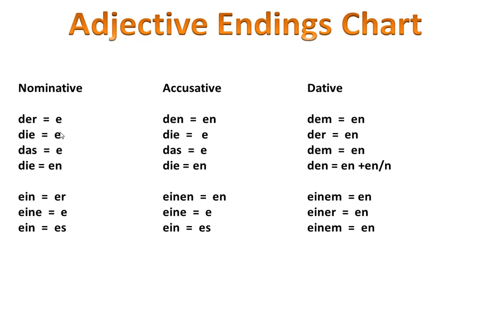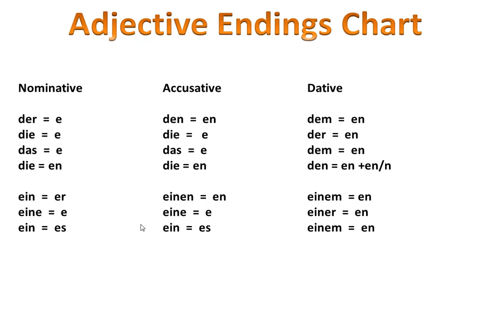So in the indefinite articles, for der and das words, it's ein, die words are eine, and then the adjective endings are going to show the gender of the word that you're working with. So if it was a der word, the adjective ending would be er, a feminine word would end in e, a das word would end in es.